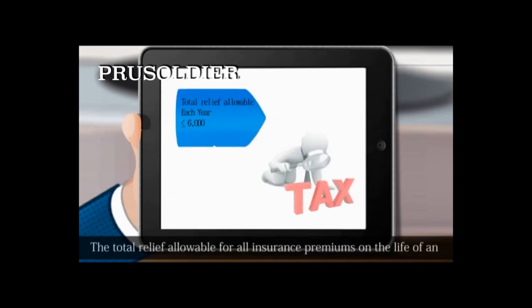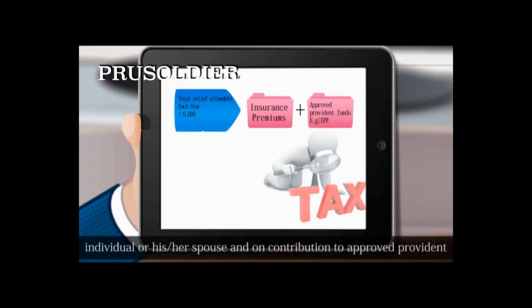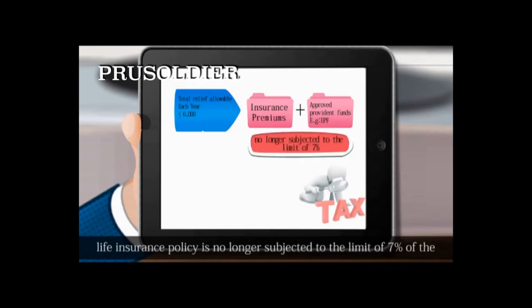The total relief allowable for all insurance premiums on the life of an individual or his or her spouse and on contribution to approved provident funds, such as to the EPF in a year, is 6,000 ringgit. Effective from the year 1997, the relief allowable for payment of life insurance premiums for a life insurance policy is no longer subjected to the limit of 7% of the capital sum insured of the respective policy.